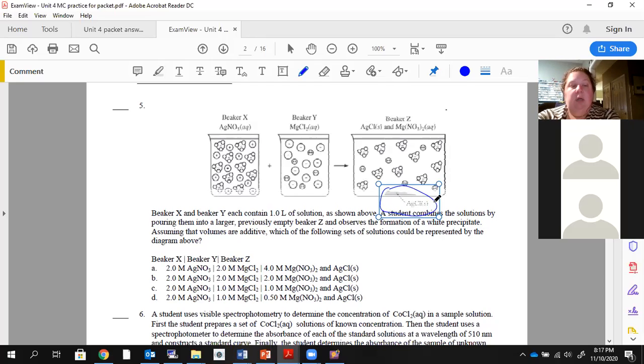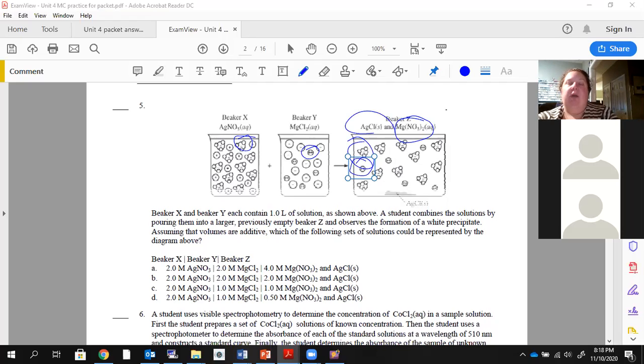And then we can look at the ions floating around the solution and see what's there. So we've got these symbols that look like those magnesiums, and then we've got these symbols that look like the nitrates. So all that's left in this solution is the magnesium nitrate. I don't see any silvers floating around. I don't see any chlorides floating around, which means that when these reacted, I didn't have any excess of one chemical versus the other.